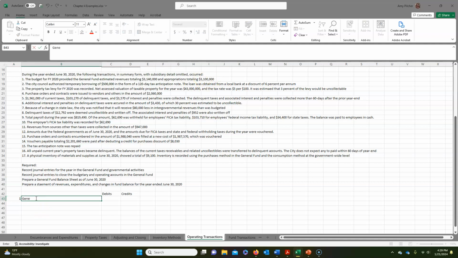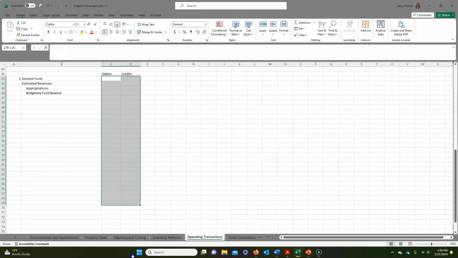So in our general fund, we are going to record a debit to estimated revenues and a credit to appropriations. And then because the amounts are different and our debits have to equal our credits, we're also going to credit our budgetary fund balance.